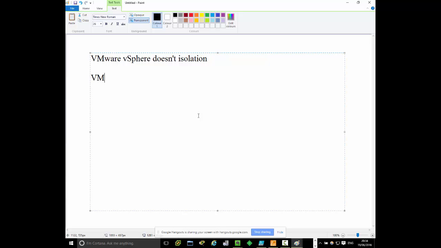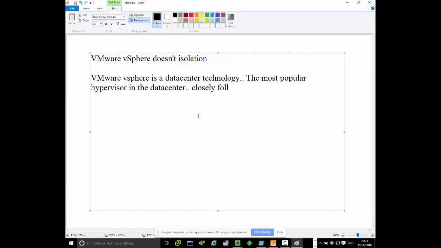VMware vSphere is a data center technology. It's the most popular hypervisor in the data center, closely followed by Microsoft Hyper-V.